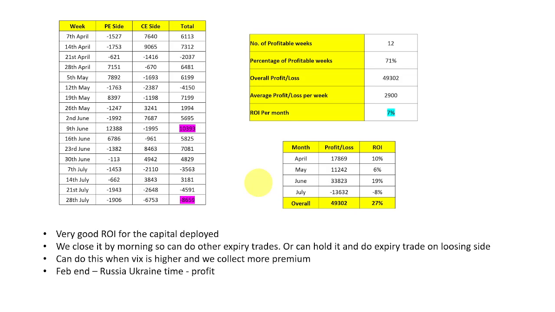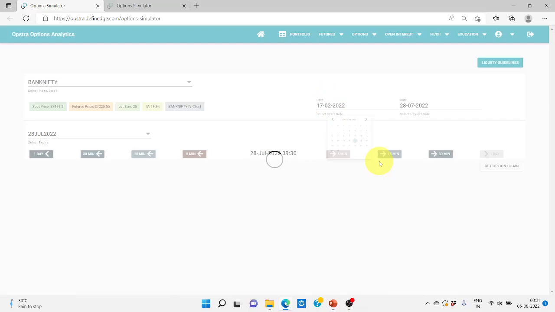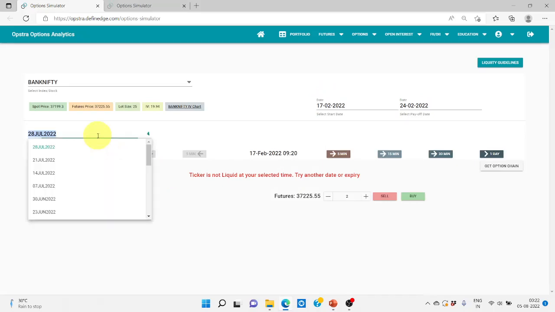As we are non-directional traders, that should give us some idea on whether our trade is going to perform or not. So for our strategy, we'll go to the month of February. February 24th was the day the Russia-Ukraine problem came. So we would have entered on 17th of February, and we would have left on 24th of February.